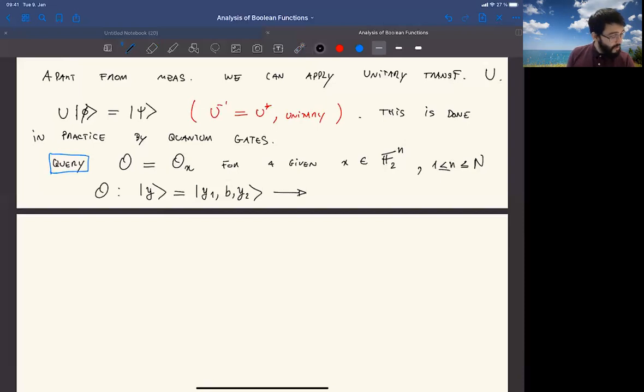And O would take that into y1 XOR, which is exclusive OR, which they denote like this. And then you put x_i here. So we have to tell you what i is, what coordinate we are choosing here. And then we keep y2 as it is. Okay. And then, so, okay, y is a string. Is a string of bits.